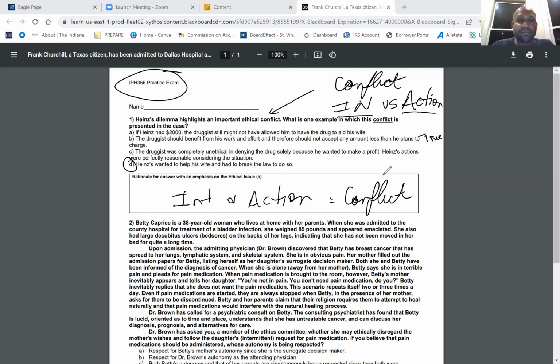Now, you see what I've sort of done in this? I've written all over this, right? I put the words conflict, intention, action, true. I invite you to do this during your exam to really sort of get into it. Now, you still want to be able to choose the right answer. You still want to be able to put a justification in here. It's a short justification, but a justification regardless.